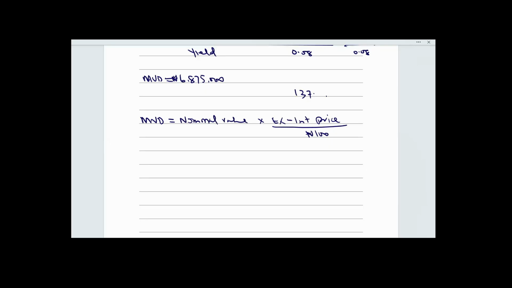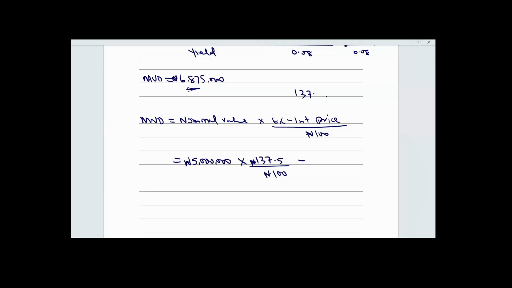So if you want to confirm this, the nominal value is 5 million naira, according to the question, multiplied by the ex-int price we have calculated, 137.5 naira, then you divide it by 100.